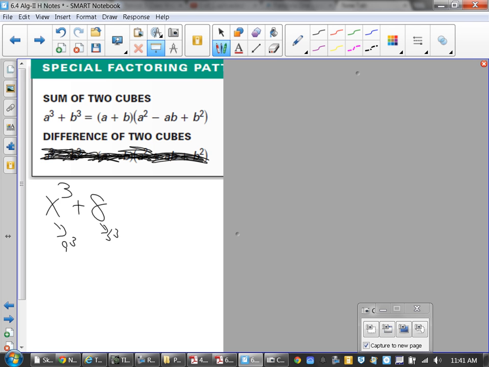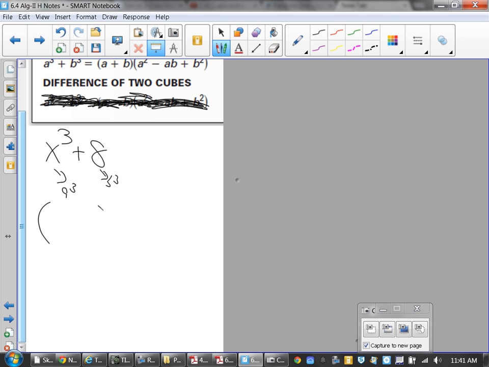So to factor this, you take the cube root of both of them, x plus 2, and now it's just a matter of putting it into a trinomial. Square the first one, square the last one, multiply the two of them together in the middle. And change your signs.